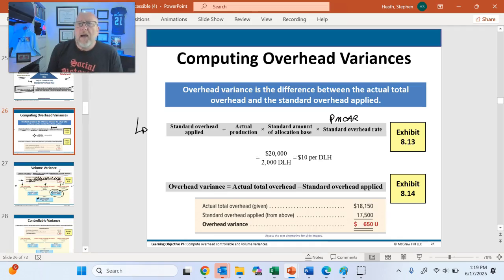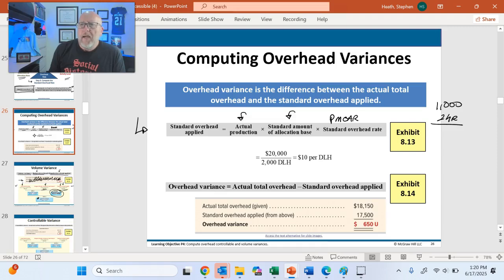And I'm going to allocate, this is really important, based on the standard amount of the allocation base times the actual production. Again, I'm not going to use the same numbers, but say I'm going to produce 1,000 units, and every unit is going to require 2 standard hours of labor.